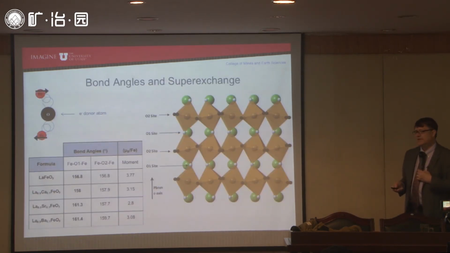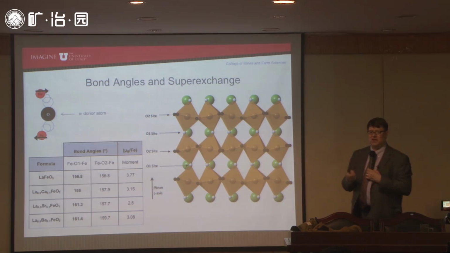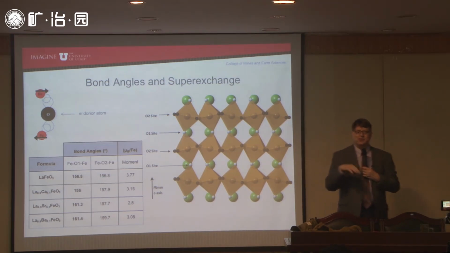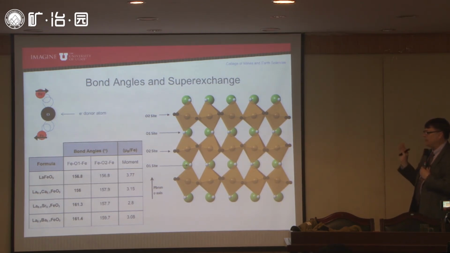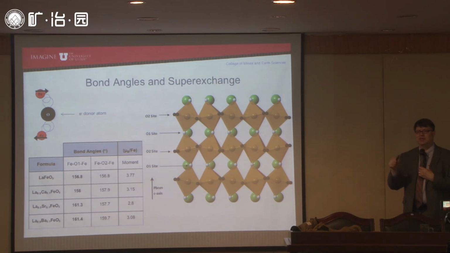Okay, so why? Well, again, I love neutron diffraction, and now I'm using neutron diffraction for the right reasons. So what we decided to do is go back and look at our structures. It's really difficult to measure bond angles by X-ray diffraction, but neutrons allow you to measure bond angles quite accurately because you can determine the relative positions of atoms really accurately.